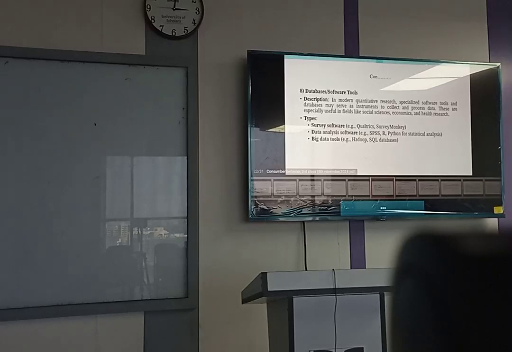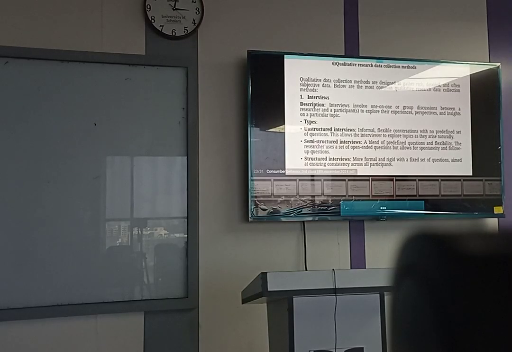That means different kinds of software tools are used to analyze the data. These are especially useful in the fields of social science, economics, and health research. Types of software tools: survey software like SurveyMonkey, Qualtrics; data analysis software like SPSS, Python for statistical analysis; big data tools, Hadoop, SQL database. These are the different types of survey types.